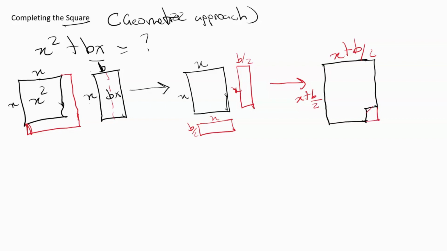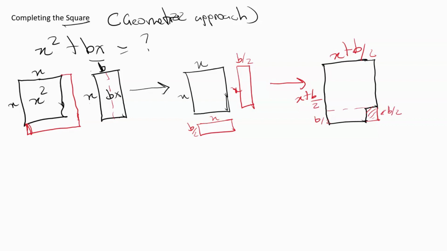This area left, which is also another square, but we do know that this part came from this rectangle, so we do know that this length is also b over 2, right?